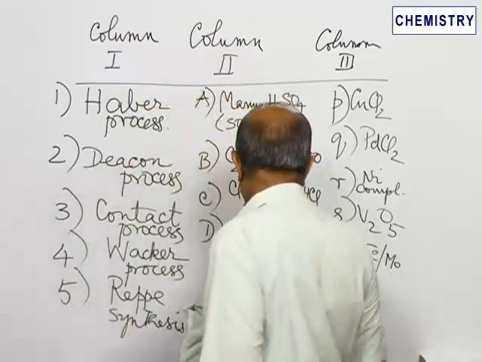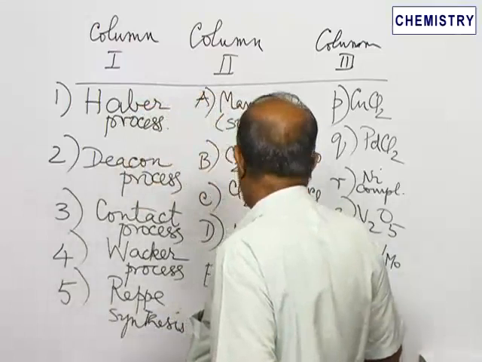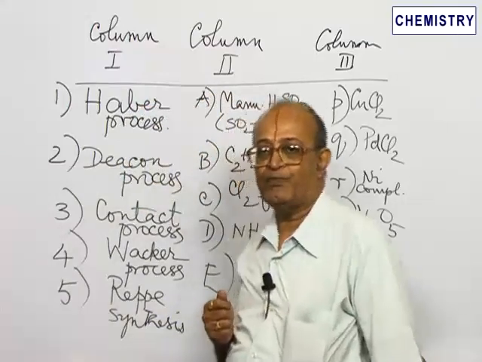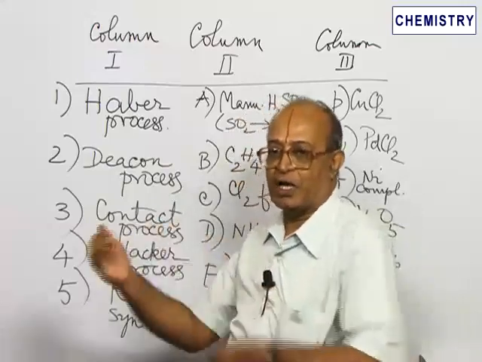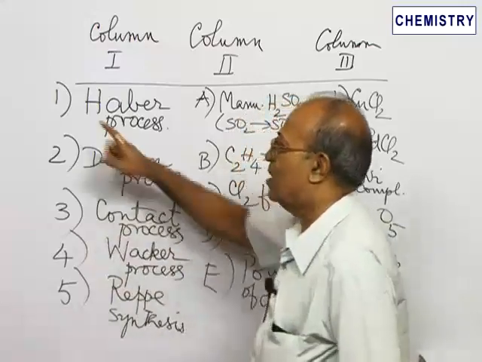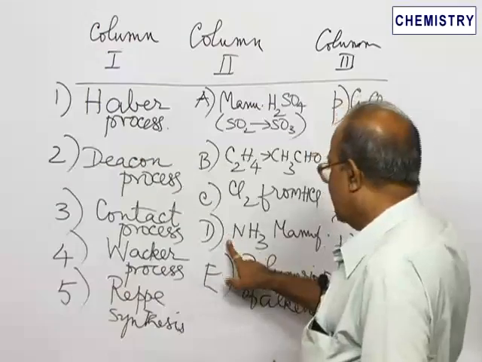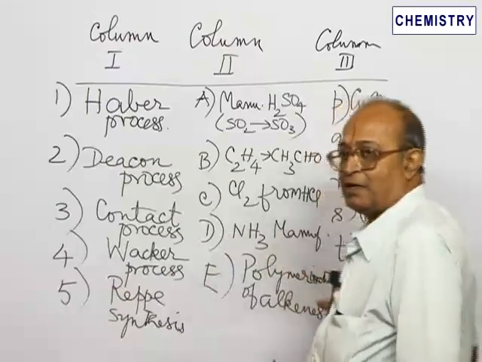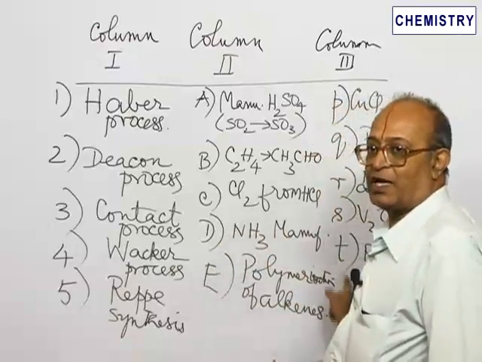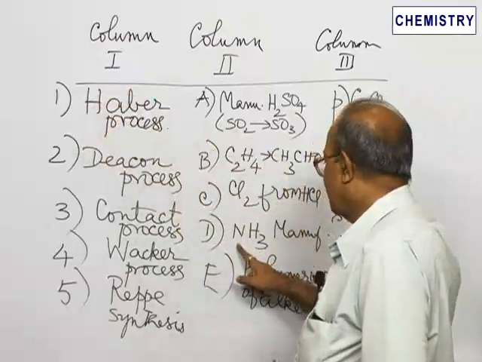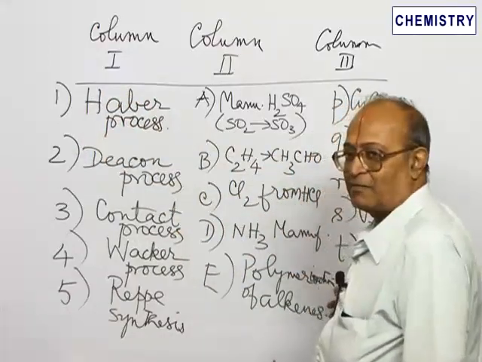The catalyst used is iron along with promoter molybdenum. So matching will be in the form of 1 D T. So the correct matching will be 1 D T.